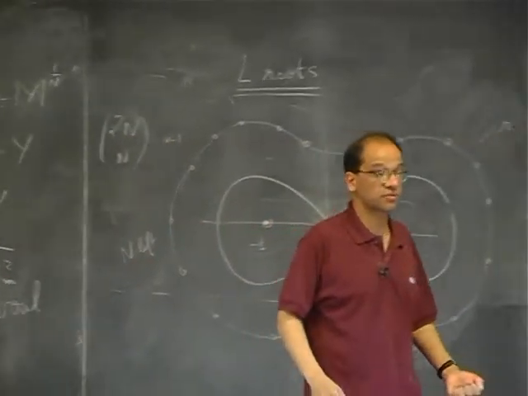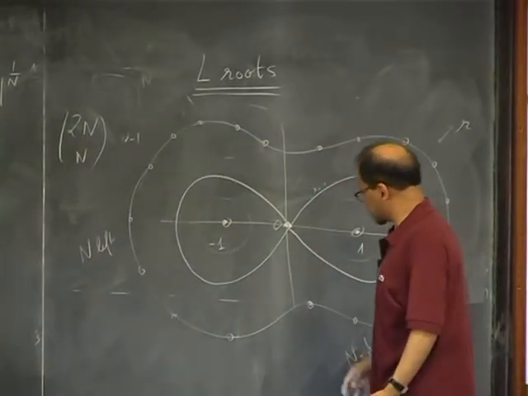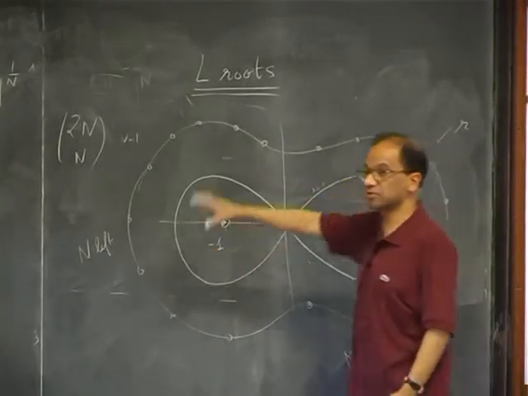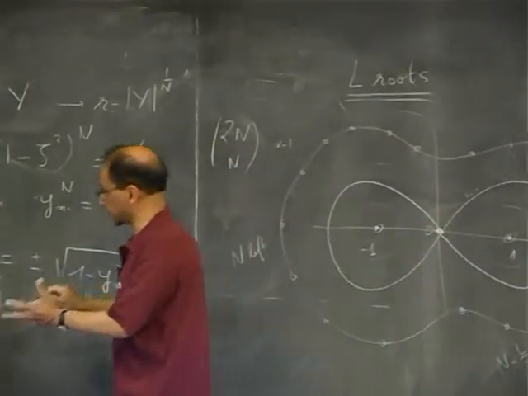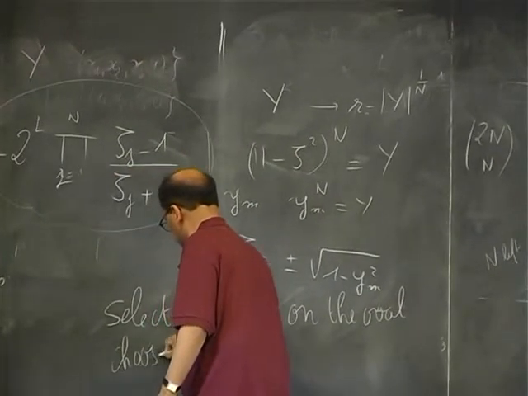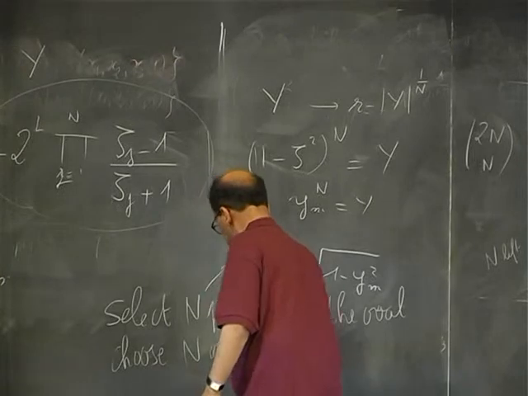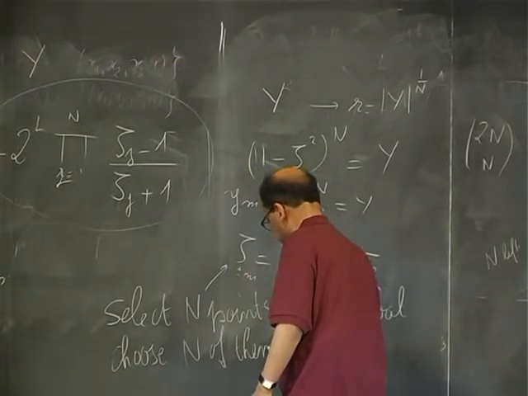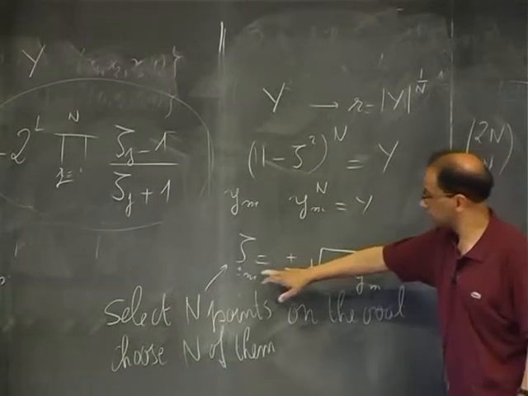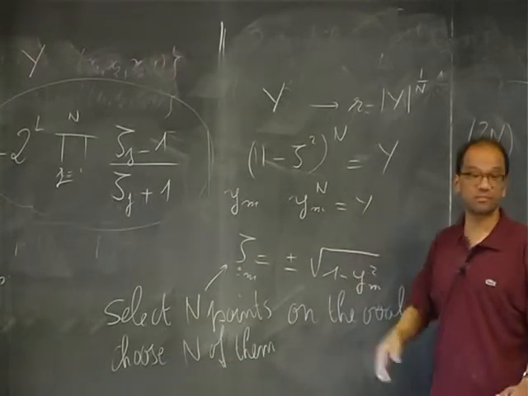This is the number of states. So suppose I make a choice. I choose this one, this one, this one, and so on. They are labeled like that. I choose n of them.